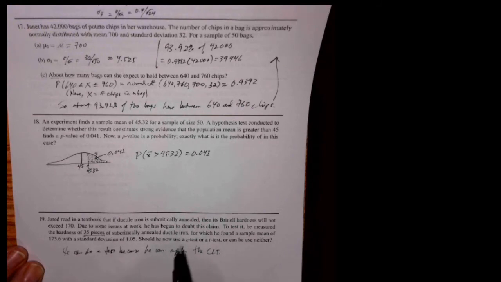Well, he found a sample mean of 173.6 with a standard deviation of 1.05. So the standard deviation is from the sample, not the population. It's from the sample, so he must do a t-test.